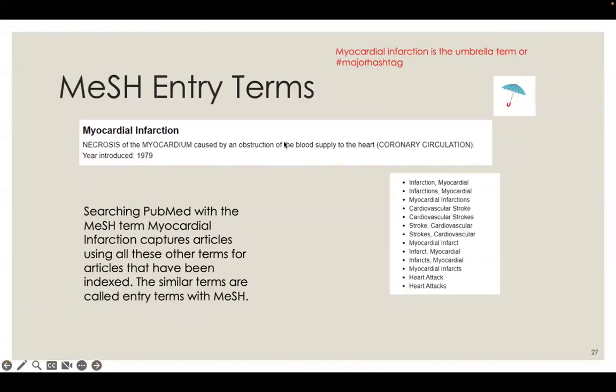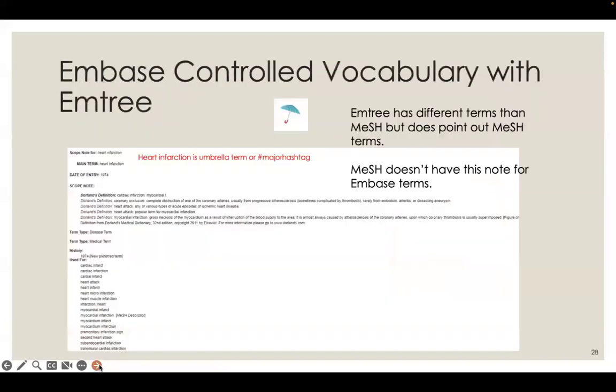You don't really have to remember that lingo, but basically this is an effort by the people behind the database to get a catch-all, an overarching term for the concept, whatever it may be, and then include all of these. Okay, myocardial infarction covers all of these terms.